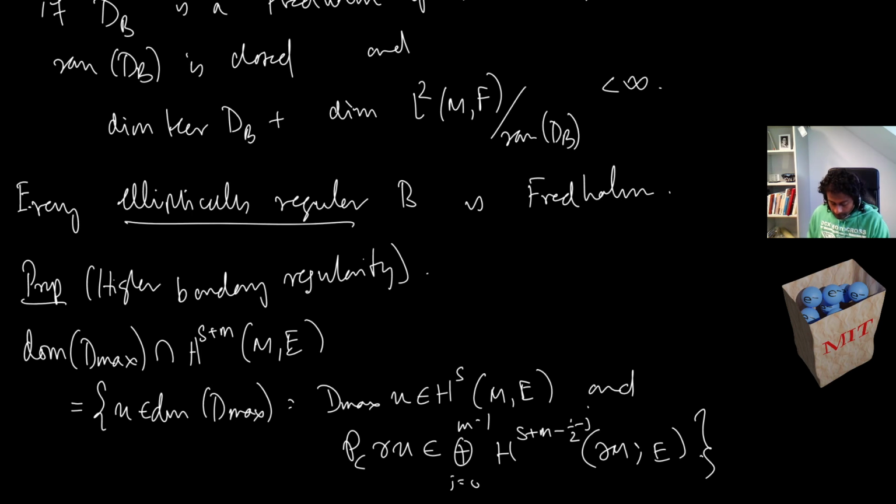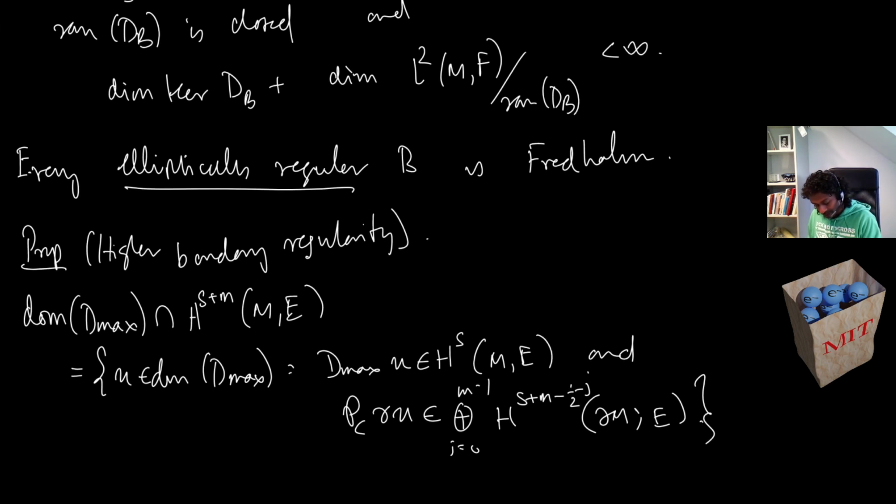Okay, so of course one direction is easy. If you're in H^{s+m}, then if you act on such an object with an elliptic operator, of course we're going to end up in H^s. This is going to differentiate that section m times. And then we also know how the trace acts on the Sobolev scales.